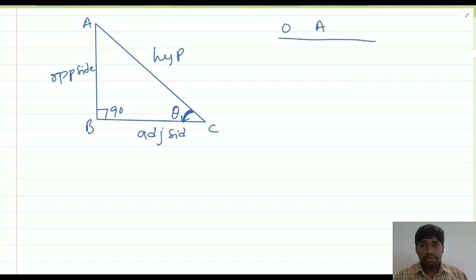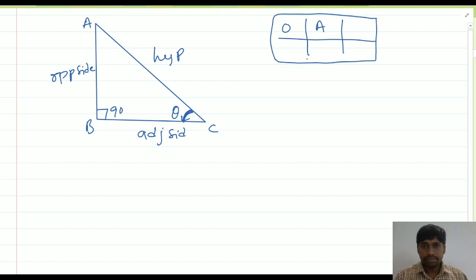So simply to remember these trigonometric ratios, a very small trick is this table: opposite, hypotenuse, then opposite, adjacent. O A O, H H A. If you remember this small table, O A O, H H A, then reading from the top and the bottom, you will get the trigonometric ratios.